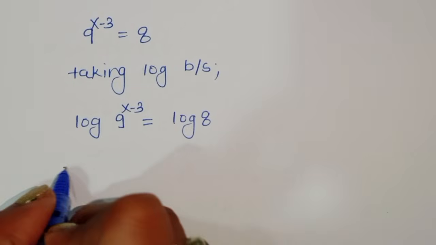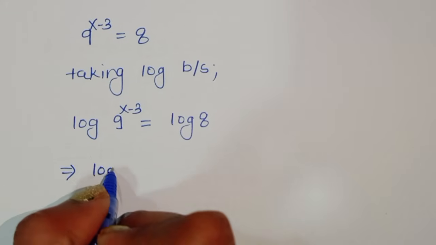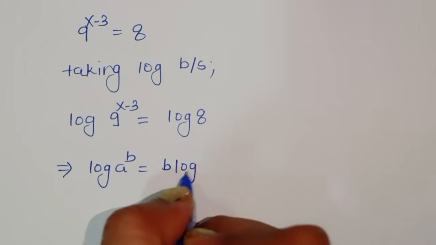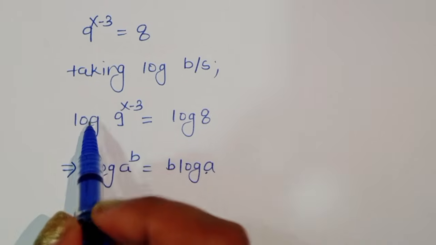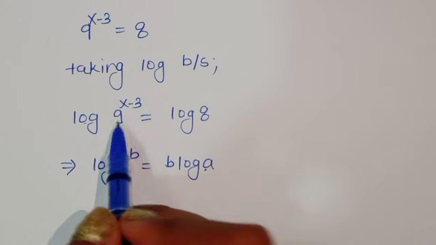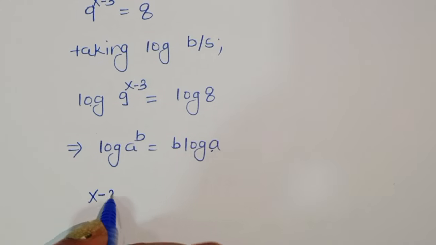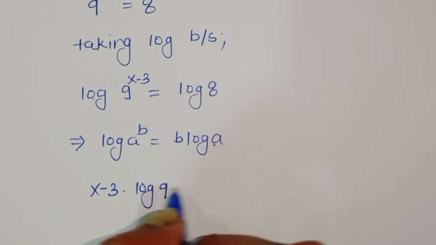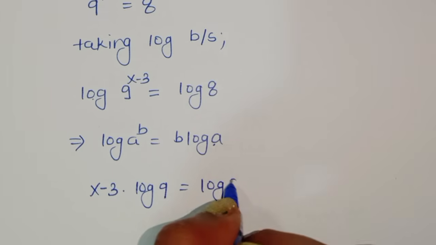Now again we have to use one formula: log of a power b is given, the value will be b log of a. So using this formula it will become x minus 3 times log of 9 is equal to log of 8.